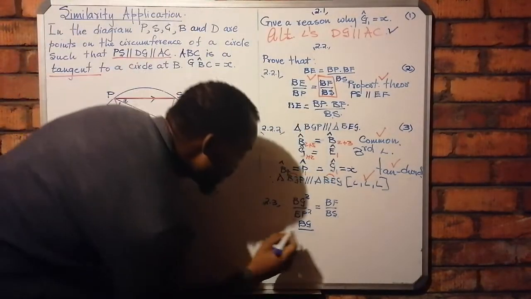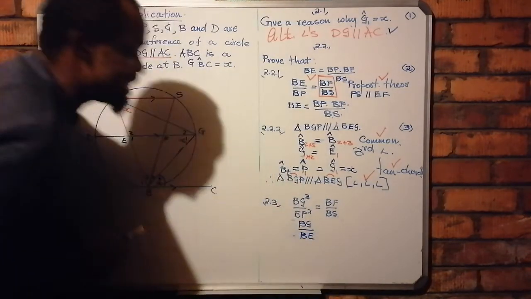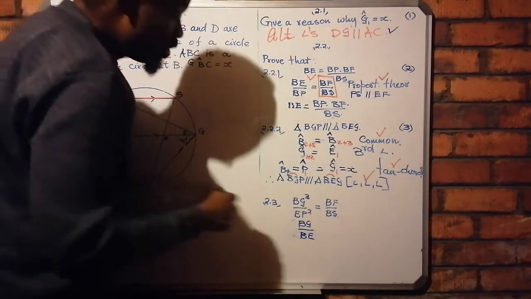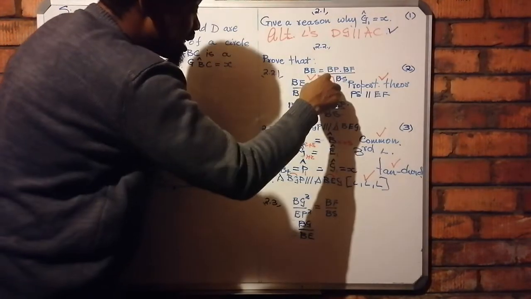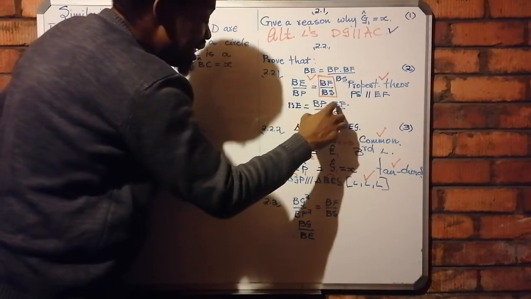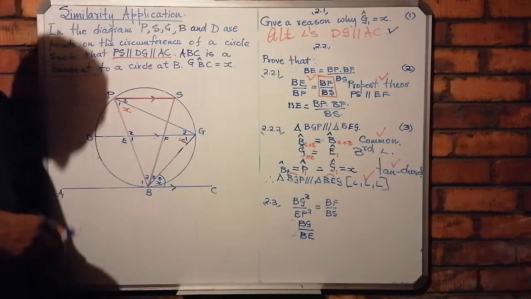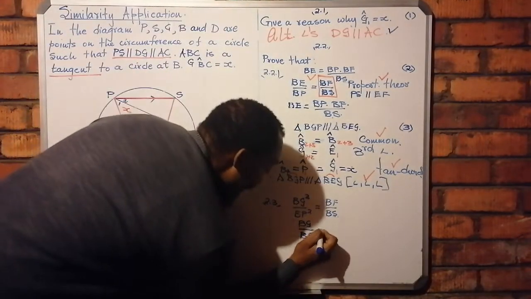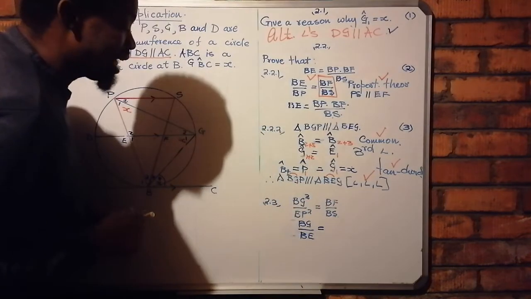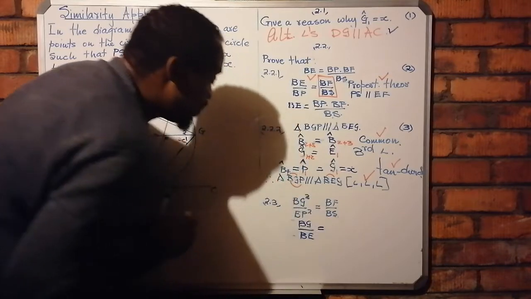Now, I know that people will say, why BE? Can you see that BF and BS are related to BE? That is why I choose BE. When I divide these, I'll get the same answer as when I divide BP.